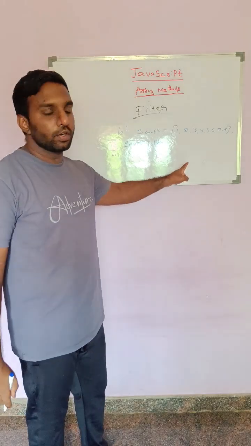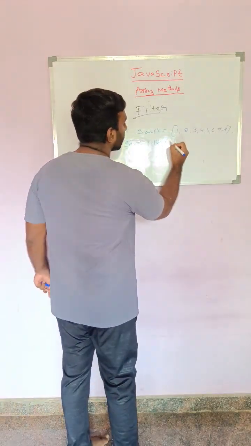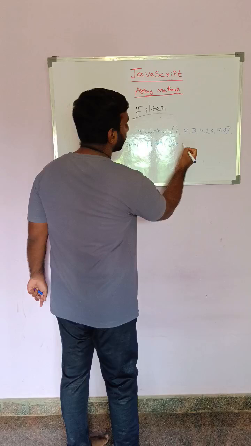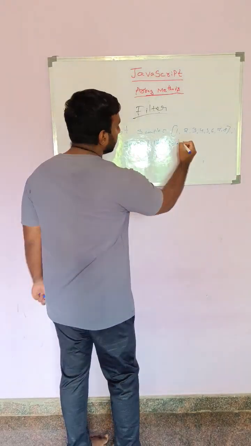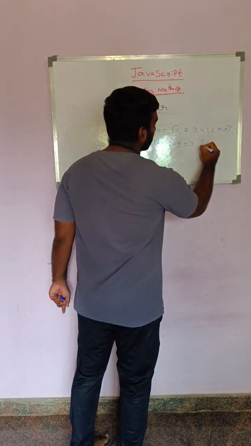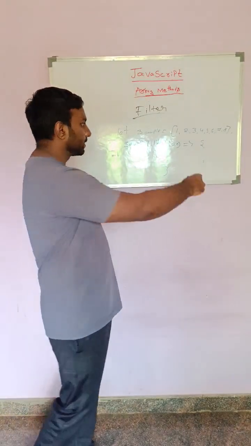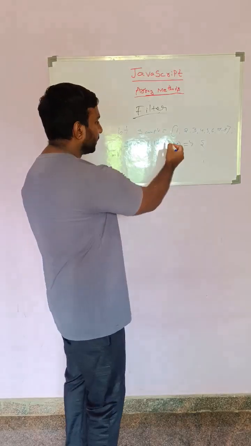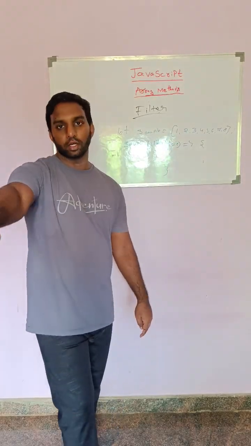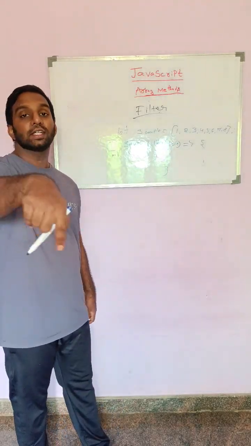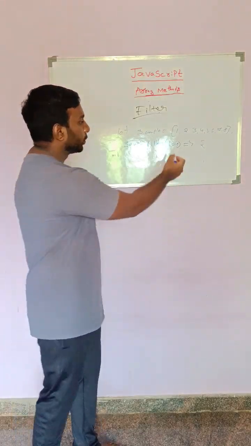I'm going to apply the filter method and it will take only the element as an argument. Guys, if you have a single statement, the curly braces are not required and the parentheses around the argument are not required. If you have more than 2 statements, you should have the curly braces.